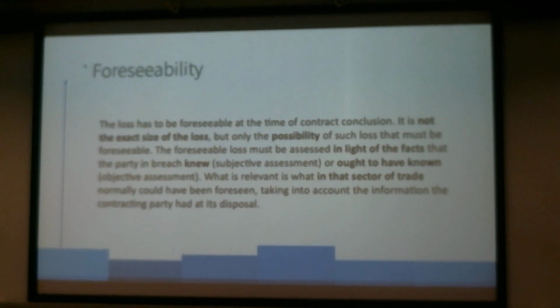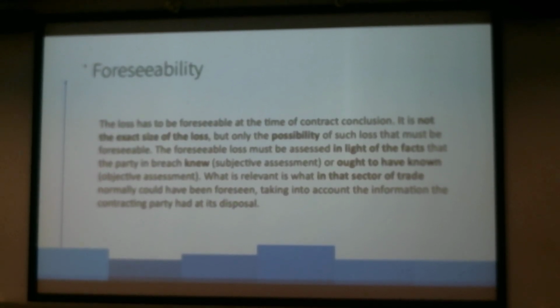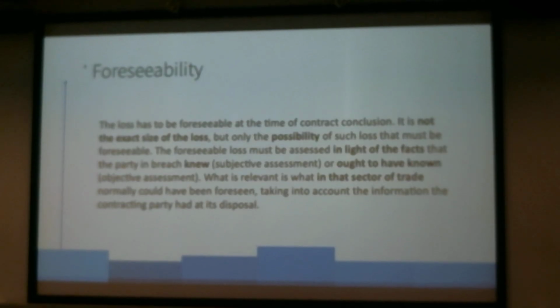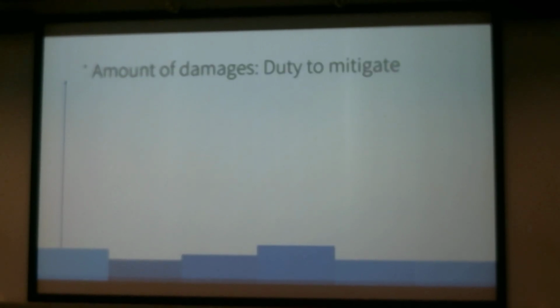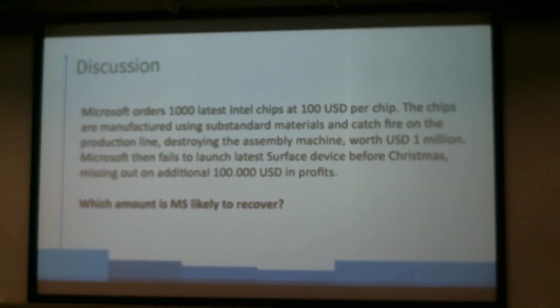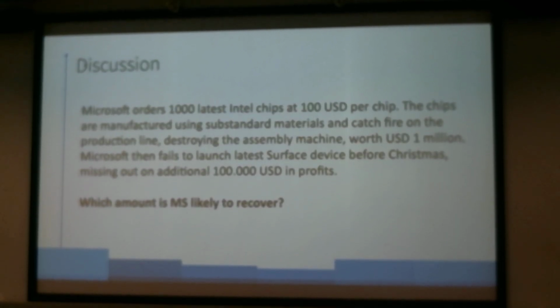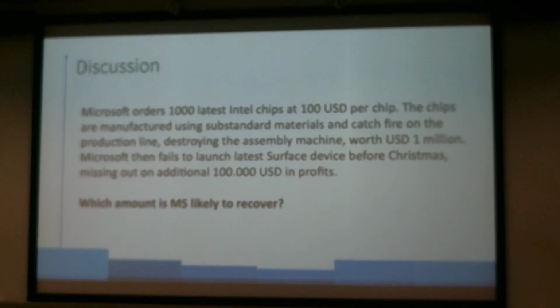Foreseeability-wise, the thing which I kind of already mentioned is that it's not the exact amount. You're going to lose 1 million or 1.2, but the possibility, like, is this what would happen generally in the industry? I am going to give you a very short question. So we have Microsoft ordering 1,000 Intel chips at 100 USD. They're manufactured using bad materials.